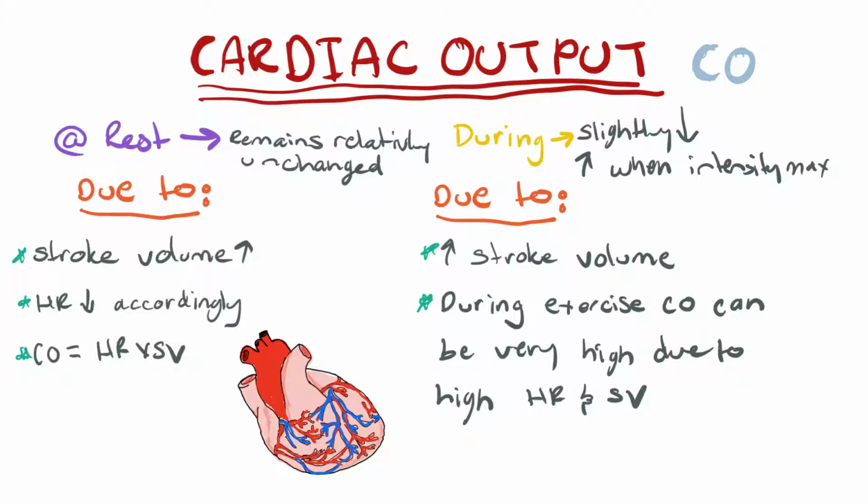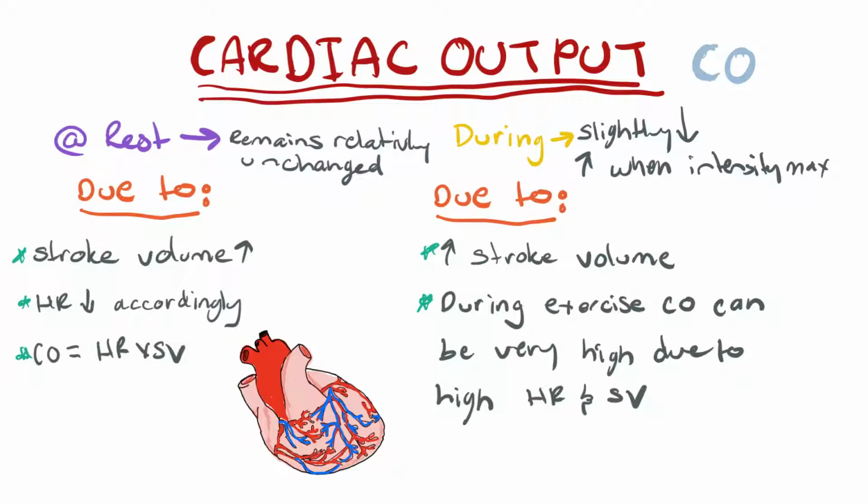Now, when we look at how this is affected at rest and during exercise, at rest, our cardiac output remains relatively unchanged. So when we're sort of sitting there, not really doing anything, the cardiac output remains the same. During exercise, it's obviously slightly decreased, and this is because our heart rate decreases as a result of training.